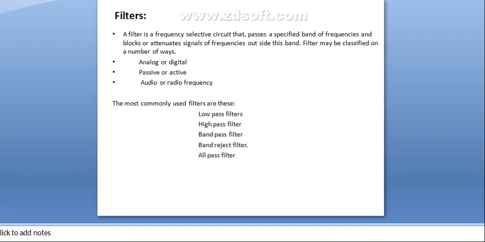So there are two types of filters, active and passive. The active filter consists of active elements like transistors and operational amplifiers, along with resistors and capacitors.